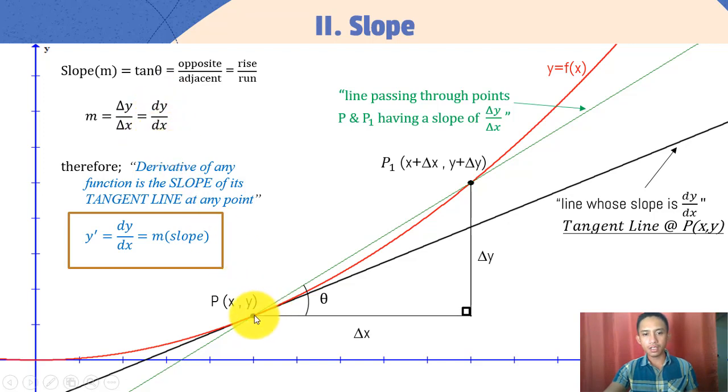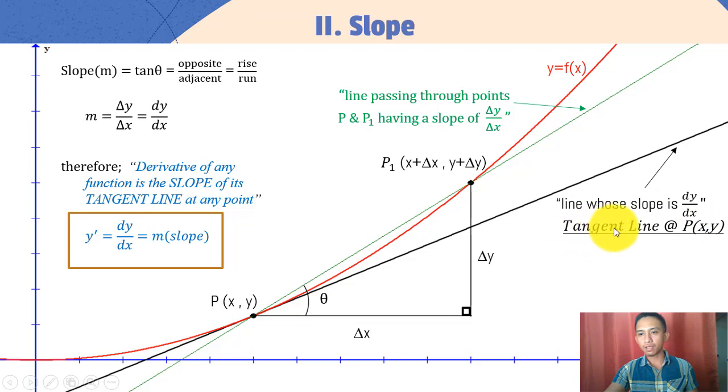I considered only a small movement in delta x and a small movement in delta y. Therefore, it seems like there is no movement at all. So if I connect these 2 points, it seems like the connecting line is just passing at a single point. So that is just the line whose slope is dy dx. So what is dy dx? That is the derivative.